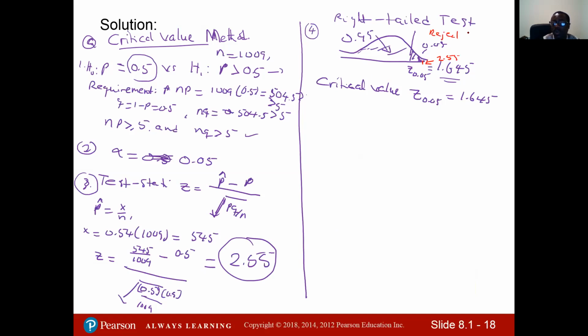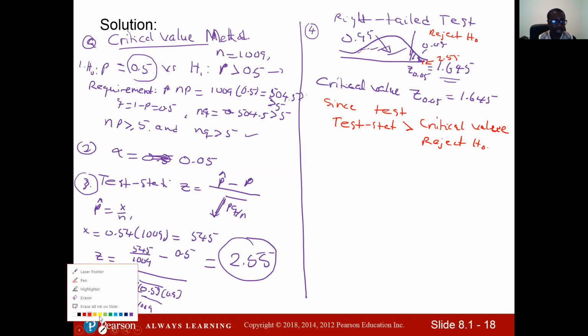So this says that I reject H0. Since the test statistic is greater than the critical value, reject H0. That is how we use the critical value approach to decide.